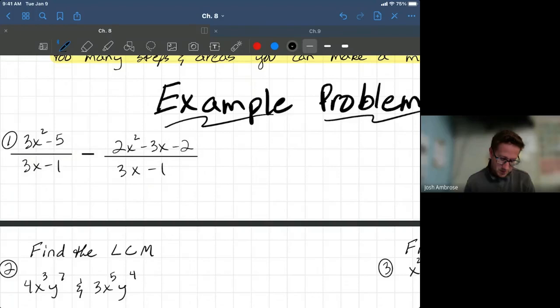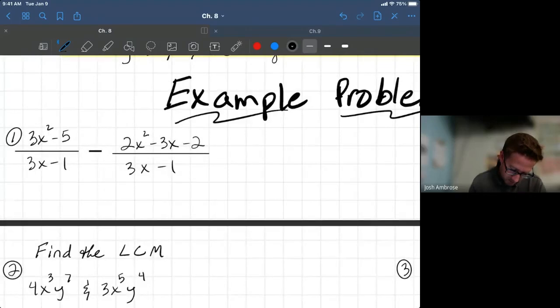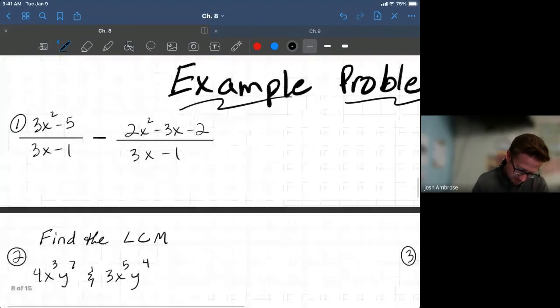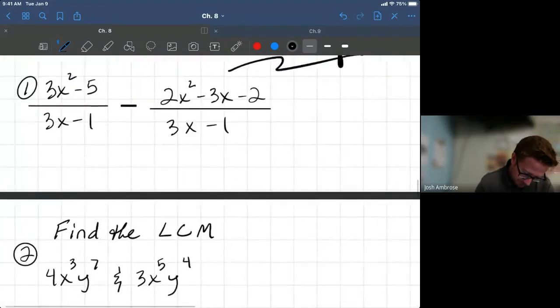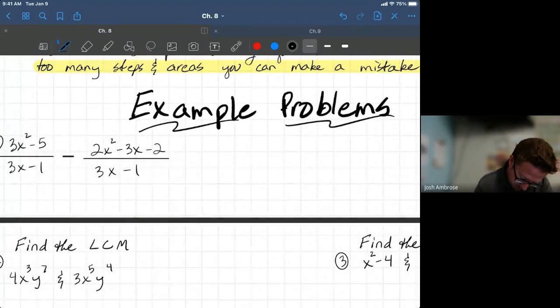All right, so let's do that. Let's show what that looks like after we have that. So the 3x squared minus 5, that stays. And we'll try to get the screen just right here.